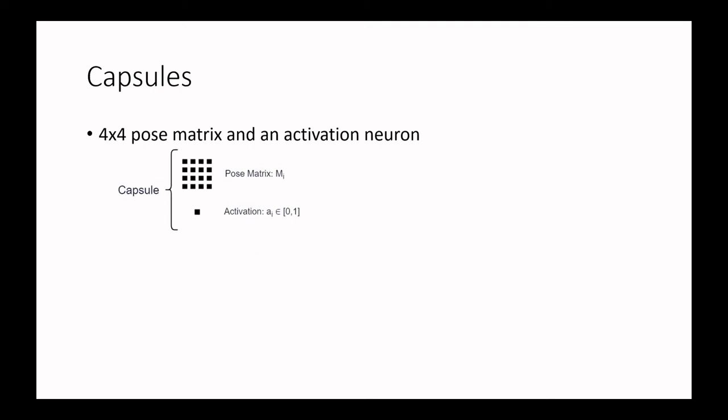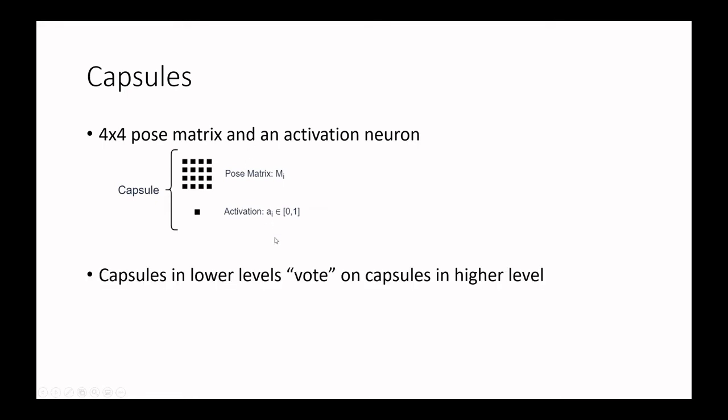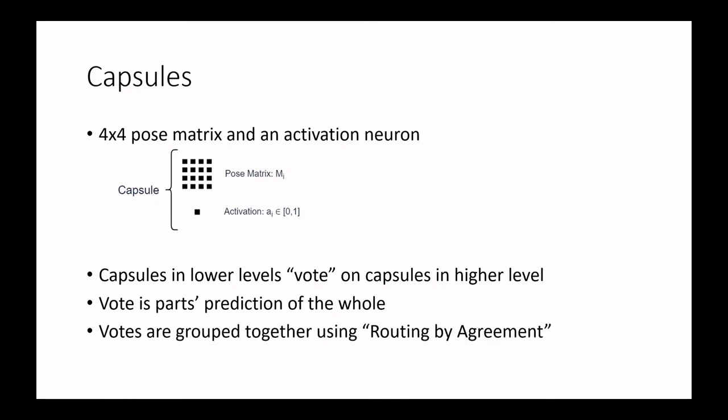So a capsule is essentially a 4x4 pose matrix and an activation neuron. Capsules in lower levels will vote on capsules in higher levels. So there's a parts prediction of the whole.